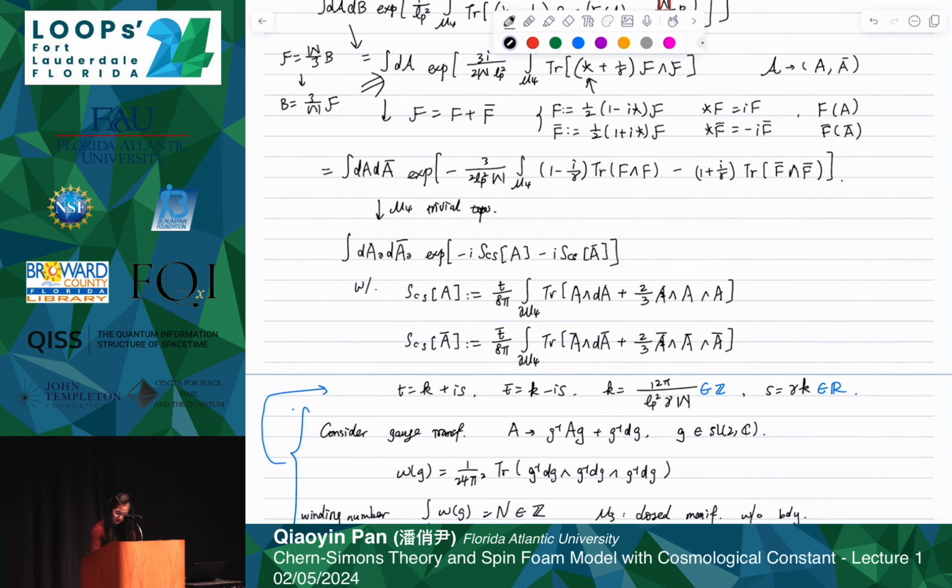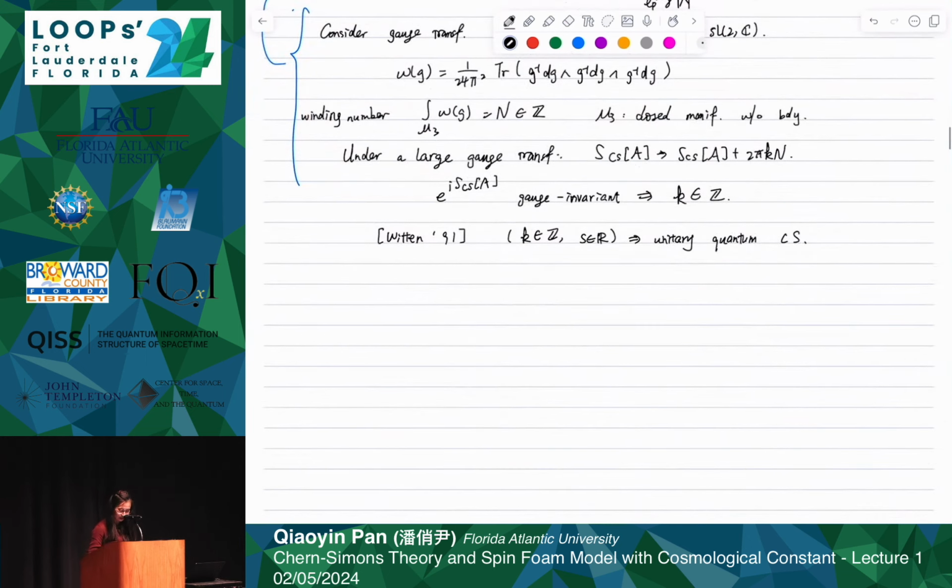So this is the path integral of Chern-Simons. We end up with the path integral of a Chern-Simons theory, and it's a boundary condition, so we'll call it the Chern-Simons state. Let's go back to the spin foam discussion. To define an amplitude, I just couple this state with a boundary state. Now it's a boundary state of a connection A and A bar.